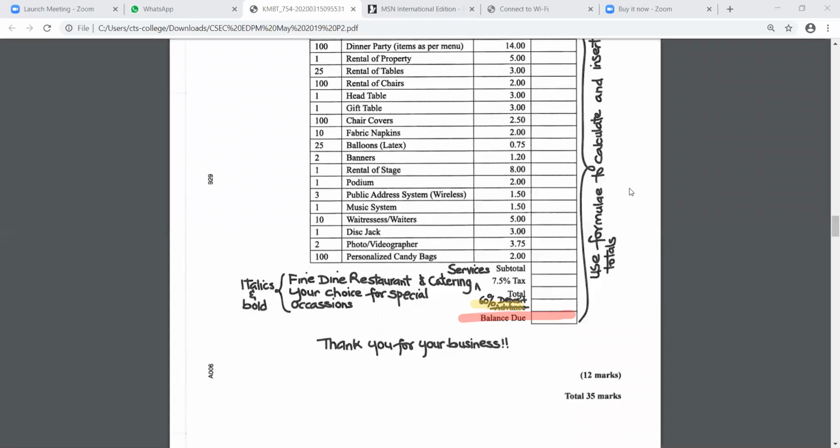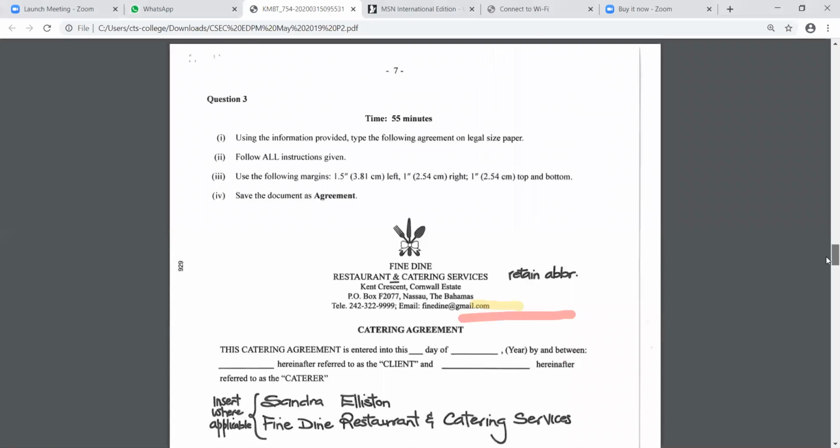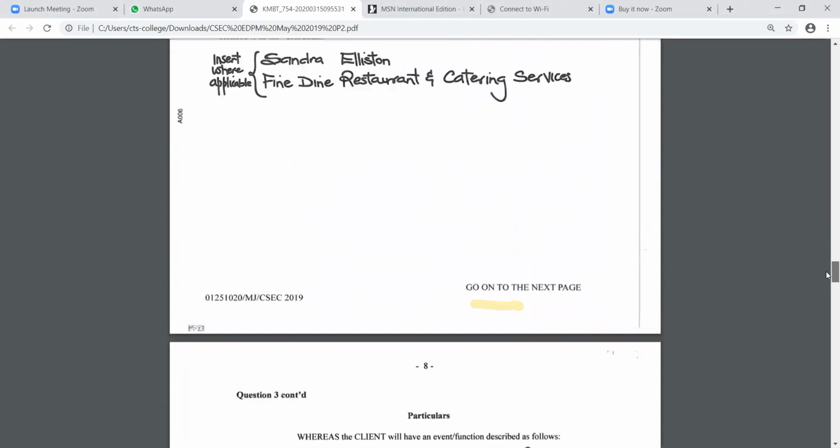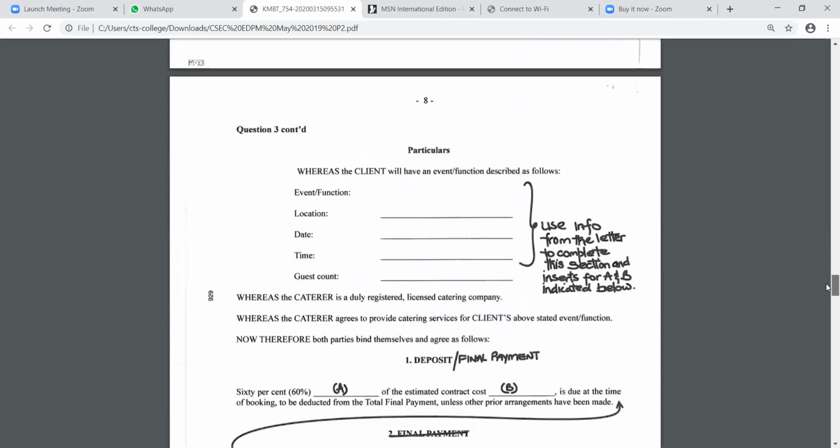So scroll back down to the question in question 3. Right, seen it there?